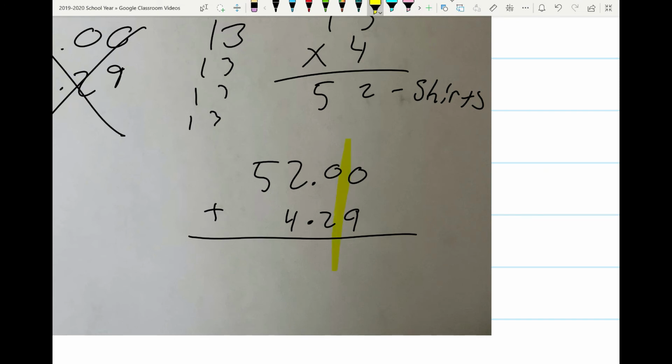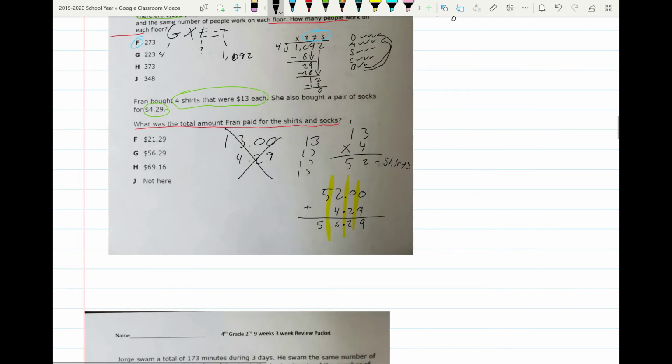Do you see how everything is lined up? Everything has its own place value. 0 plus 9, 9. 0 plus 2, 2. Add my decimal. 2 plus 4, 6. 5 plus nothing, 5. Is that my answer choice? Yes, it is, which is G.